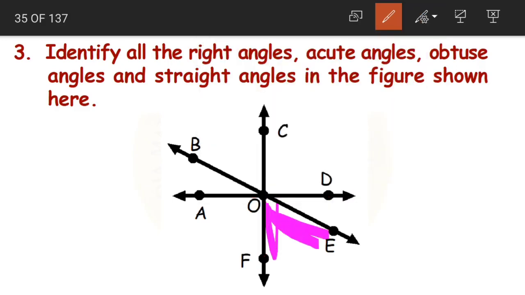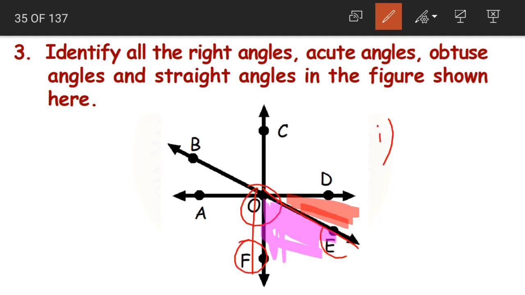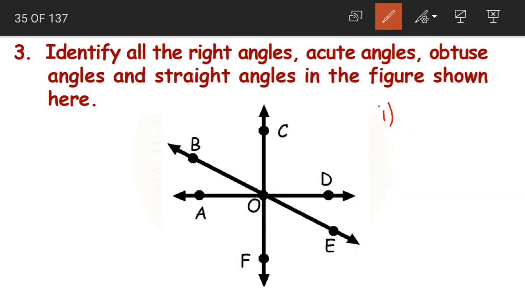See, this would be angle 1, and then this would be angle 2. So let us write the names. The first one would be angle FOE, and the second one, this one, angle EOD.